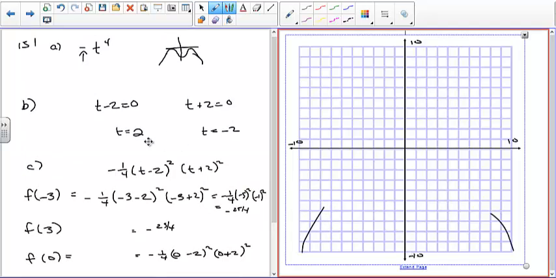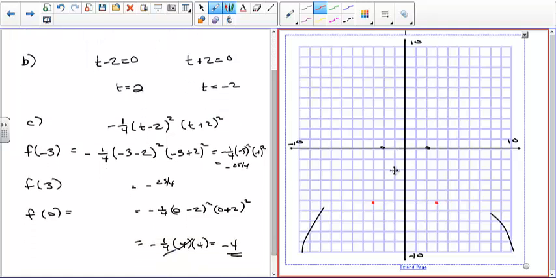We have intercepts at -2 and +2. We'll plot two more points here. At -3, we're at -25/4, which is 6 1/4. 1, 2, 3, 4, 5, 6 1/4, right there. Same thing on the other side. For x equals 0, we're at -4, which is going to be right here.